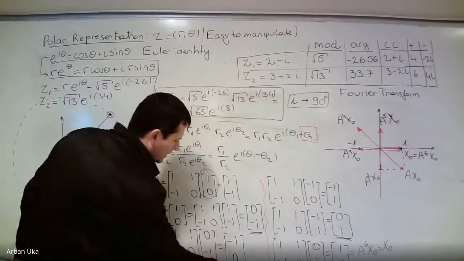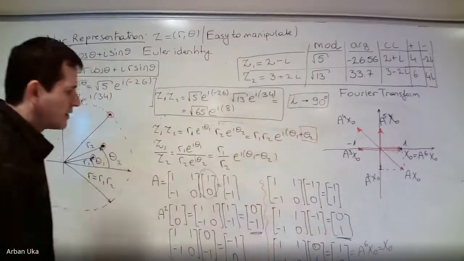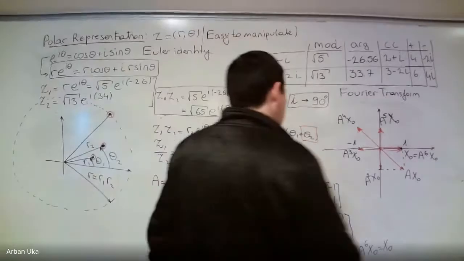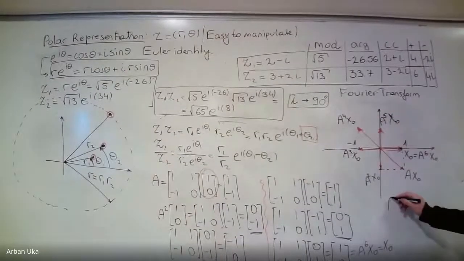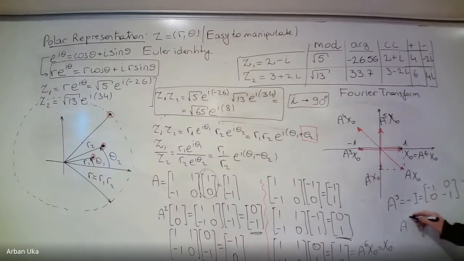Similarly, between this vector and this vector, you are still multiplying by minus 1. So it looks like A to the power 3 is equal to minus the identity matrix, which is minus 1, 0, 0, minus 1. This is A to the power 3. What about A to the power 6? What is A to the power 6?